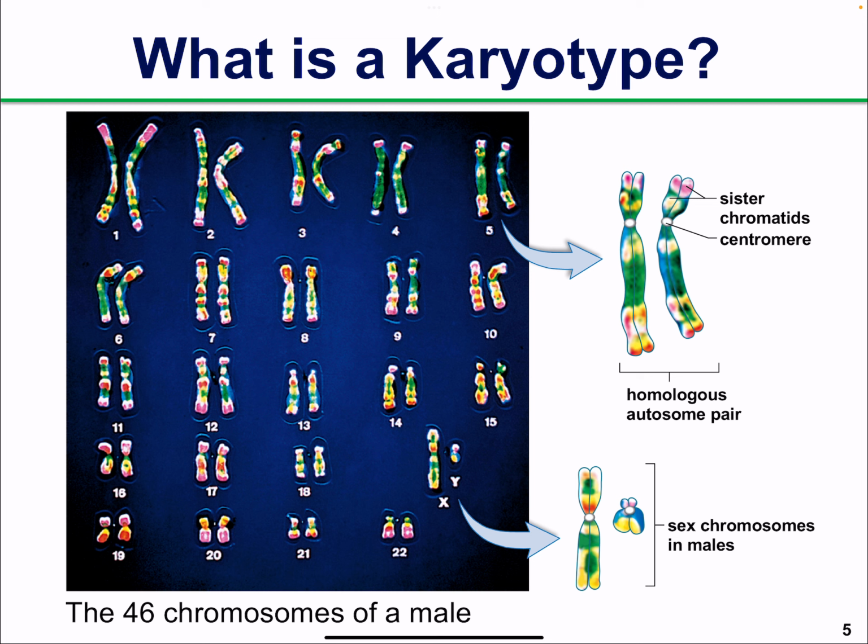Now, there is this thing in biology that we call a karyotype. A karyotype is a chart. That chart lays out the 46 chromosomes. One can obtain a cell from the skin, a cell from the cheeks, a cell from the liver, the muscles, or a cell from white blood cells.